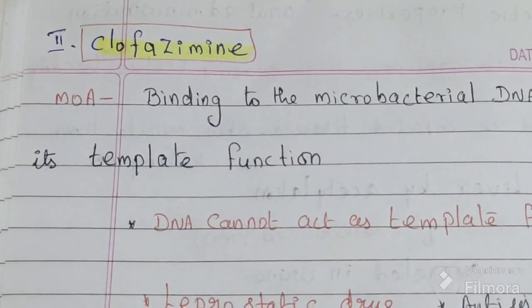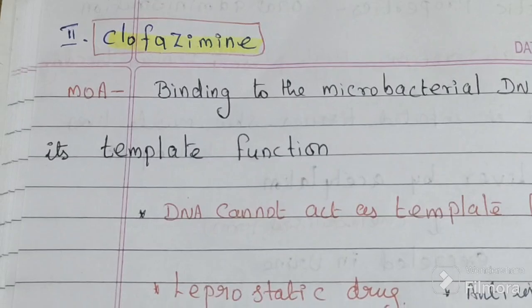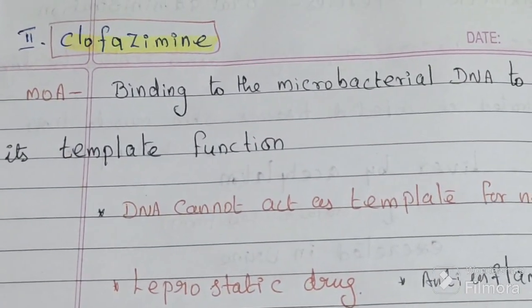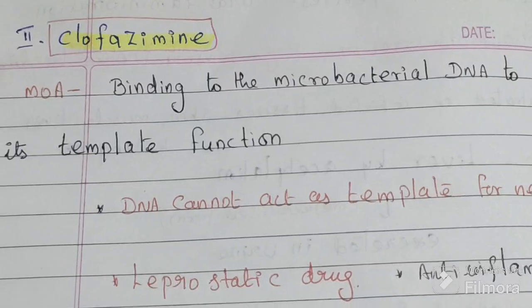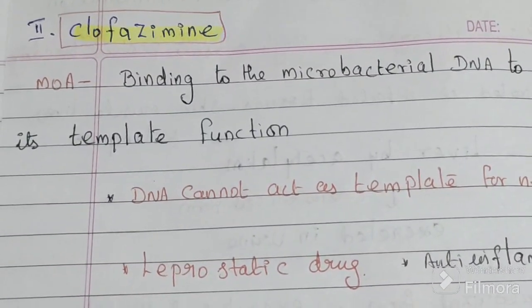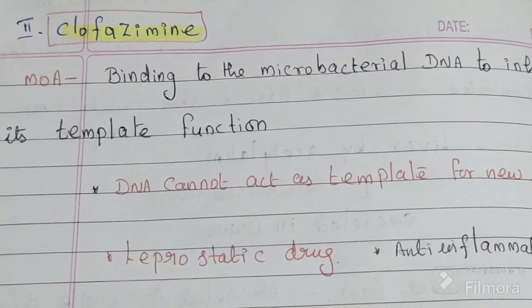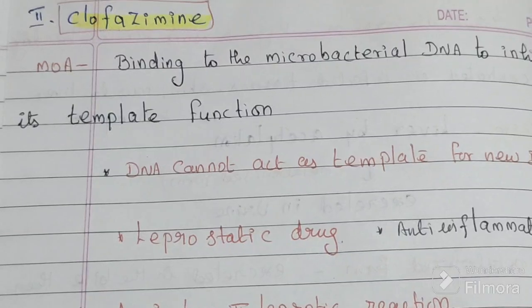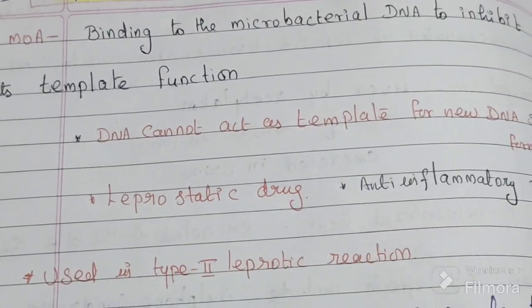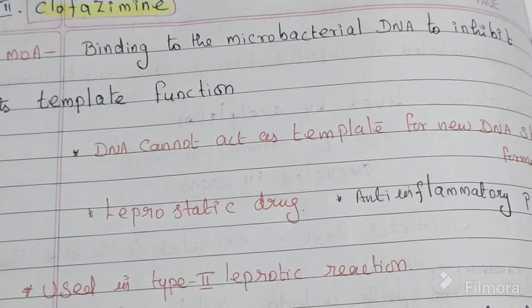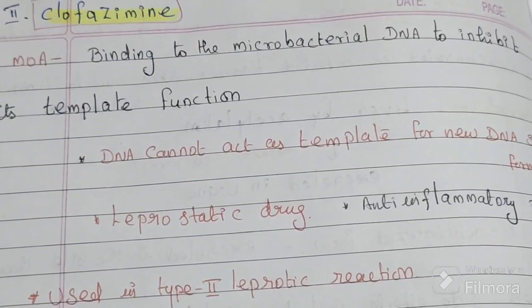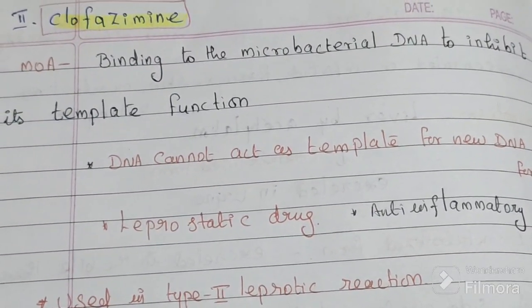Coming to clofazimine, its mechanism of action is binding to the mycobacterial DNA to inhibit its template function. That's why the DNA cannot act as a template for new DNA strand formation, and it is a leprostatic drug.